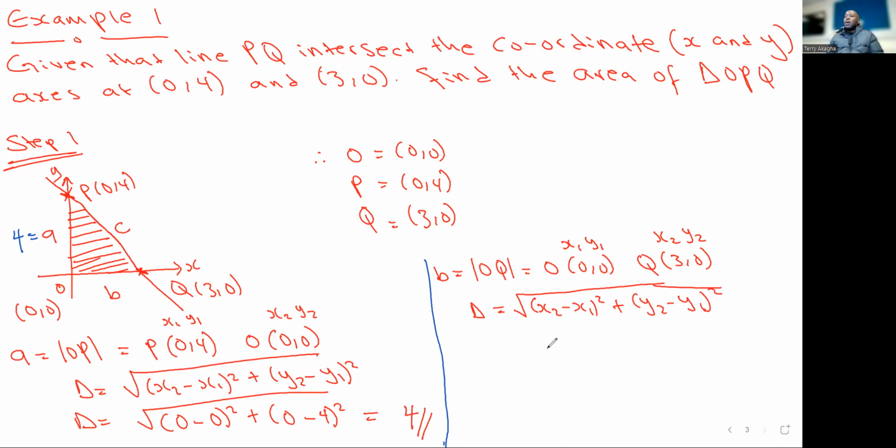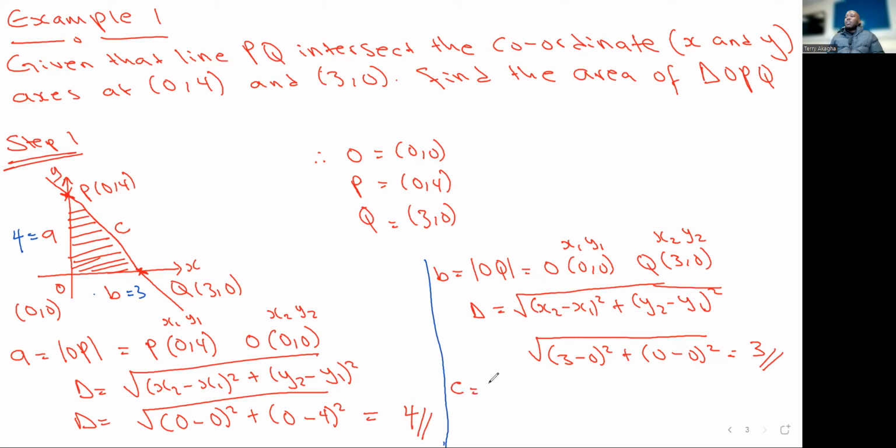That gives the square root of 3 minus 0 all squared plus 0 minus 0 all squared. 3 squared is 9, and the square root of 9 is 3. So B is equal to 3.